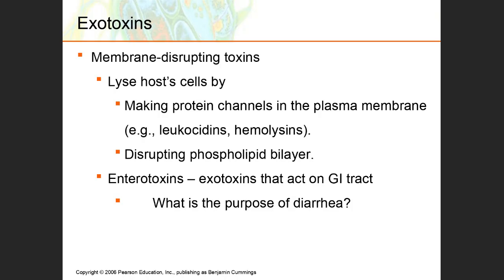Maybe a blood cell? What kind? A white blood cell. Why are white cells important? They're part of our immune system. Right, so those are your immune cells. So some bacteria produce leukocidins, which can destroy immune cells.